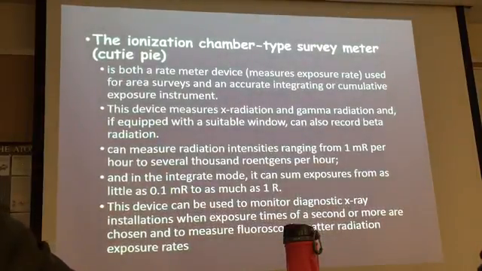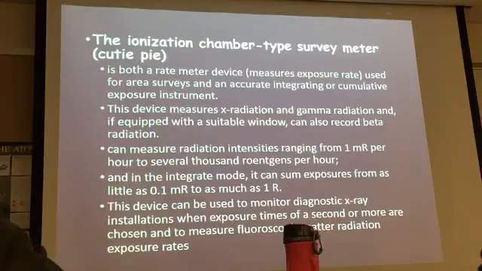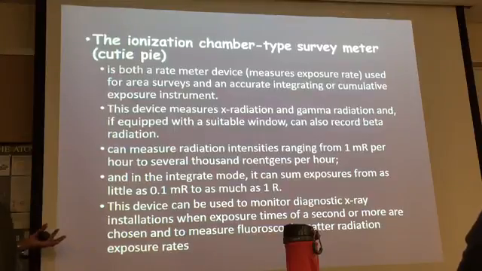Okay, this device can be used to monitor diagnostic X-ray installations when exposure times of a second or more are chosen, and to measure fluoroscopy scatter radiation exposure rates. So, for example, the two ion chambers that we used last time were used to look for an exposure rate from an X-ray tube. They are not going to be very good, not sensitive enough to detect scattered radiation.